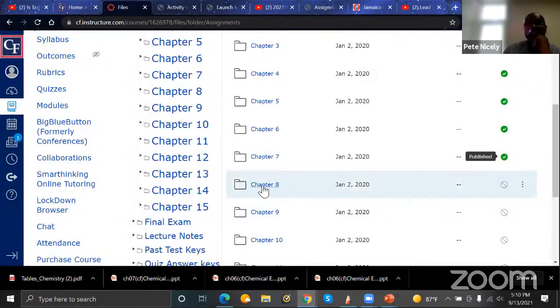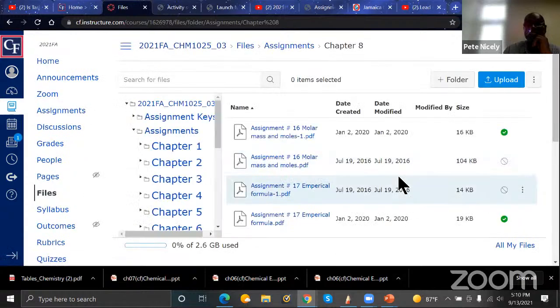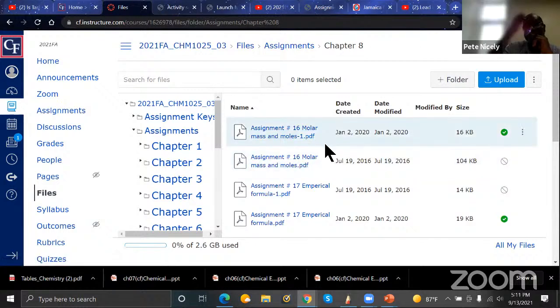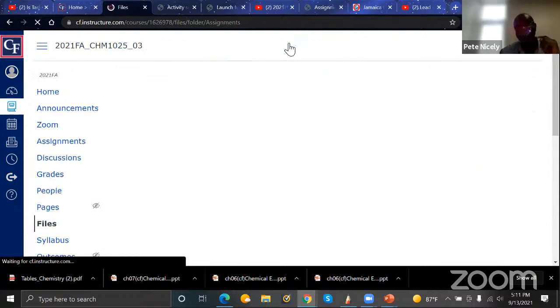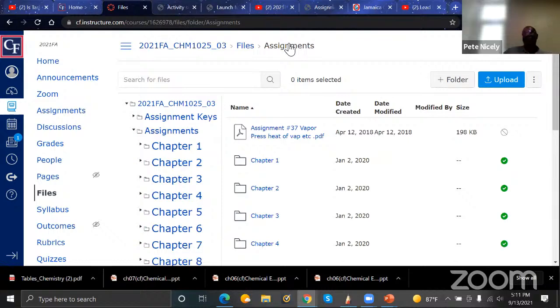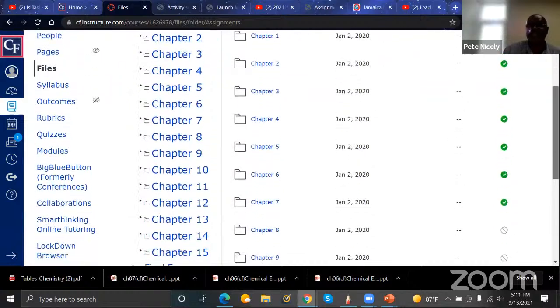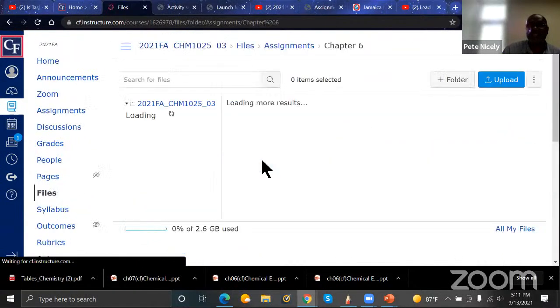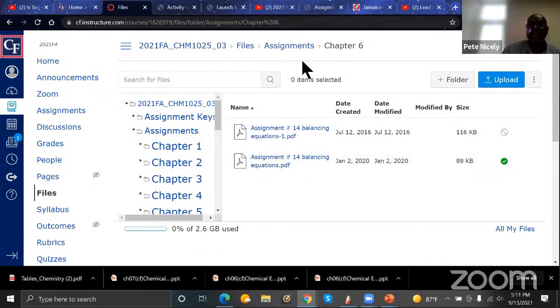Let me check out chapter 8 here. I'm not going to assign anything from chapter 8 quite yet, because I think the assignment for chapter 7, which is assignment 15, is pretty long. So that's your assignment that you need to complete. Now, let me see something here, because I think I remember I assigned chapter 14 to you guys, right?